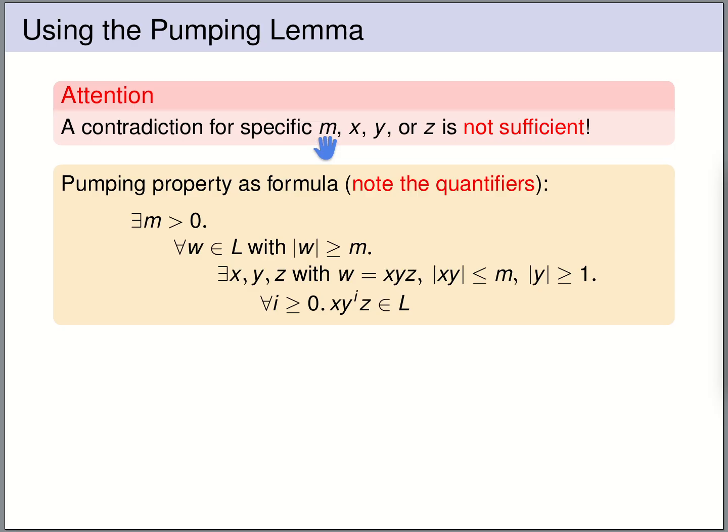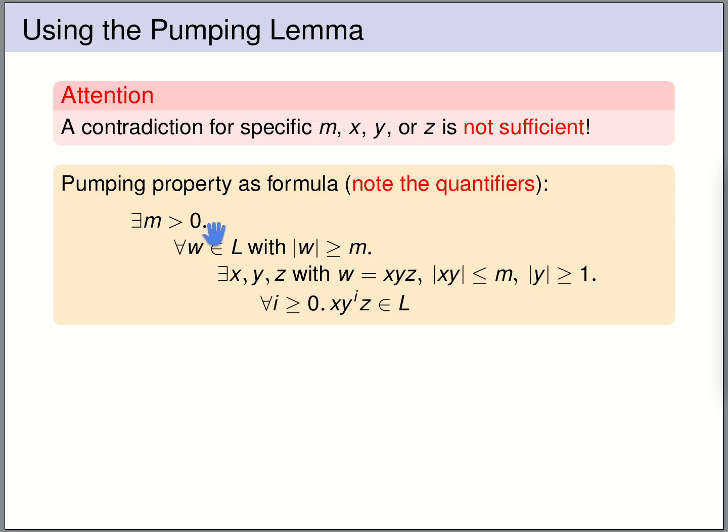It's not sufficient to show that it doesn't work for m is 2 or m is 3. We have to show it doesn't work for arbitrary m. And likewise, the pumping lemma just states that there exists some decomposition of the word w into x, y, z, so it does not suffice to show that there's some decomposition that doesn't work. We have to show that it does not work for all decompositions.